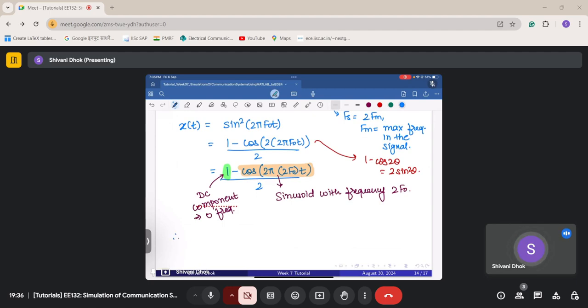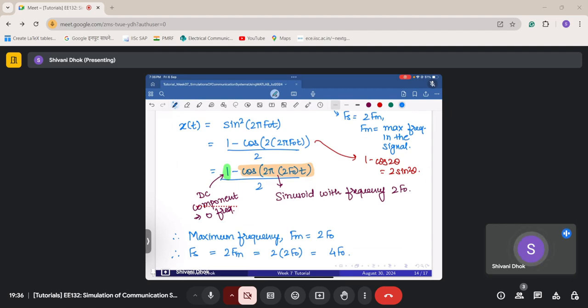Therefore the maximum frequency Fm comes out to be 2 f naught, and the minimum sampling rate Fs is equal to 2 times Fm, that is 2 times 2 f naught, which is 4 f naught.